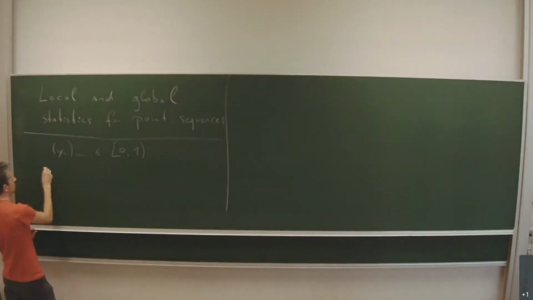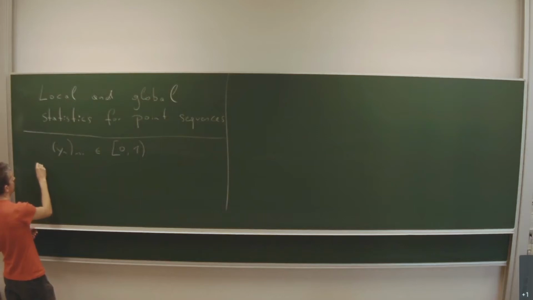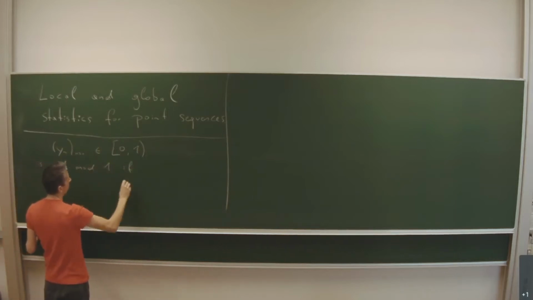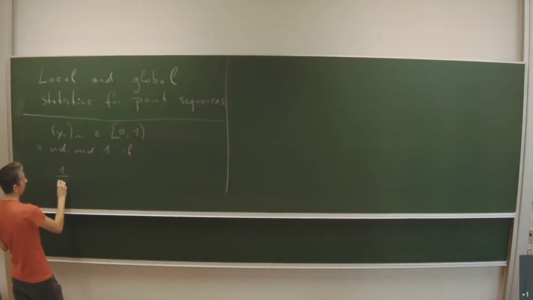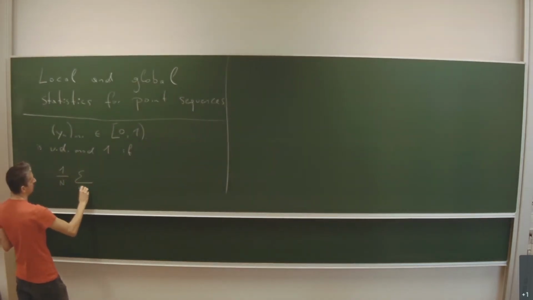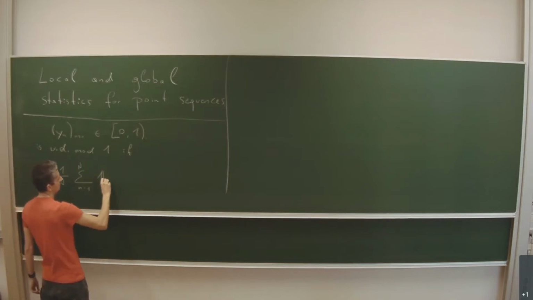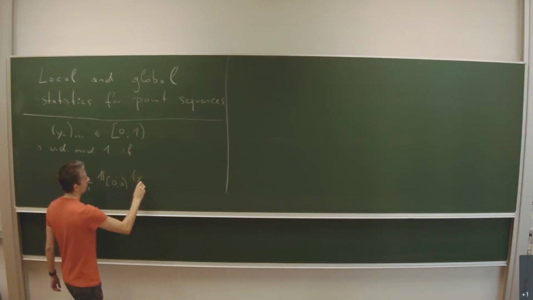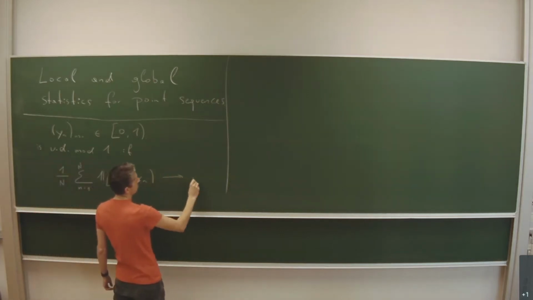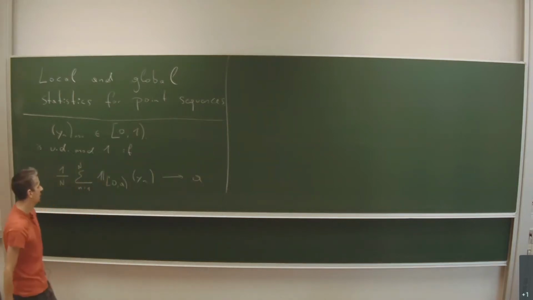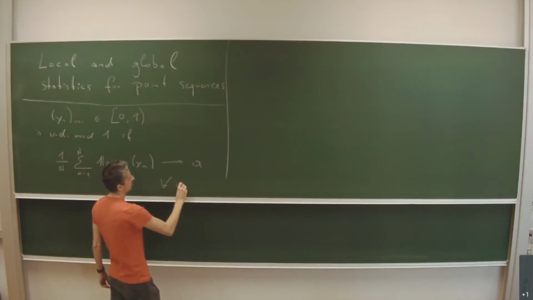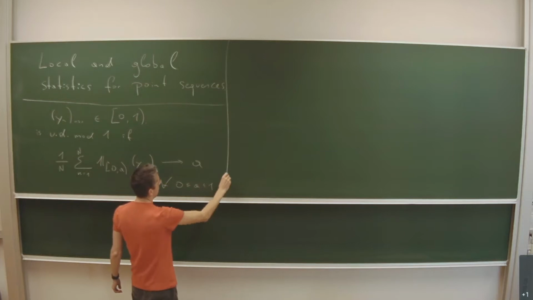As you all know, this is called equidistributed or uniformly distributed modulo 1 if the relative number of points of the sequence in some test interval converges to the length of the test interval, and if this is the case for all test intervals. So here this is for all a between 0 and 1.